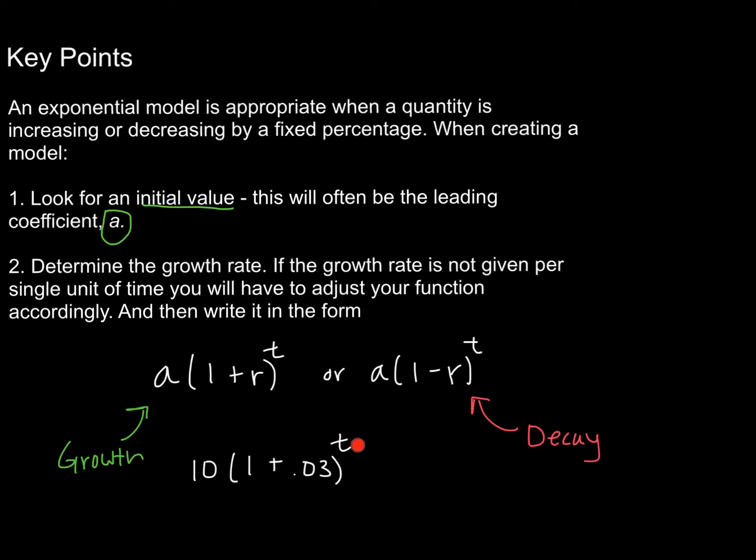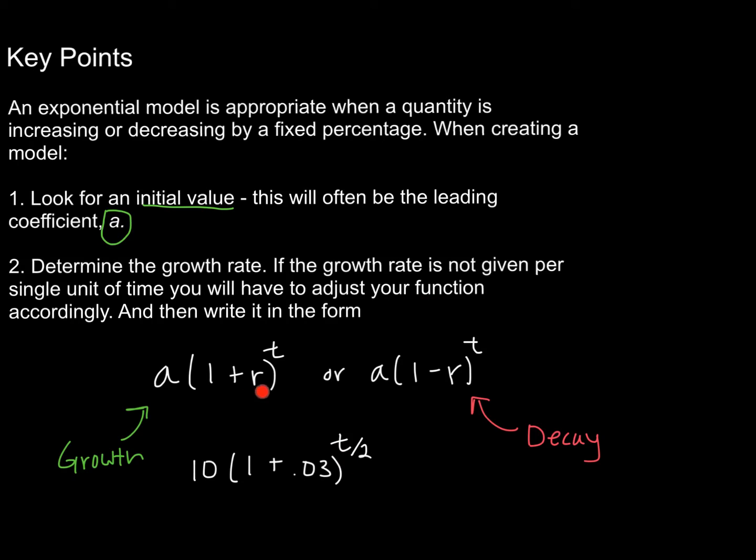If I said it increases by 3% every maybe 2 years, I'd want to have t over 2 so that I didn't multiply by 1.03 until I had t increase by 2. So make sure that if your growth rate is not given per single unit of time, as I just explained, if it increased by 3% every 2 years, you'd want to adjust your function accordingly.